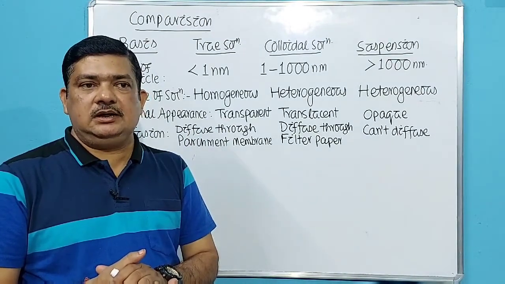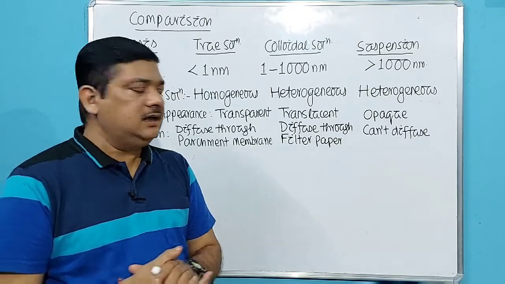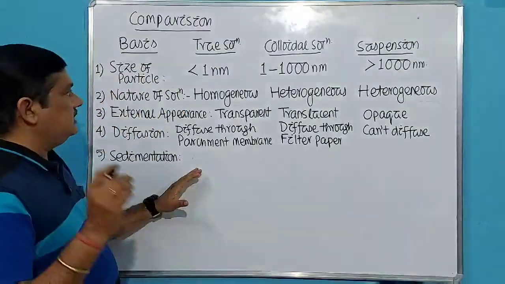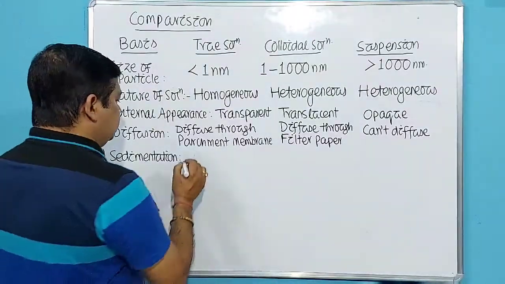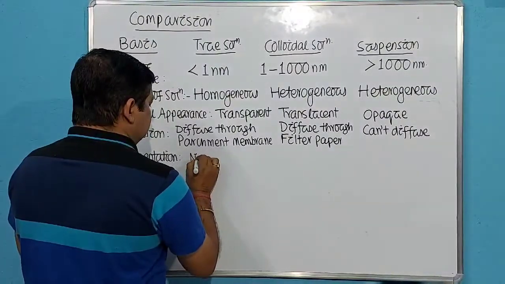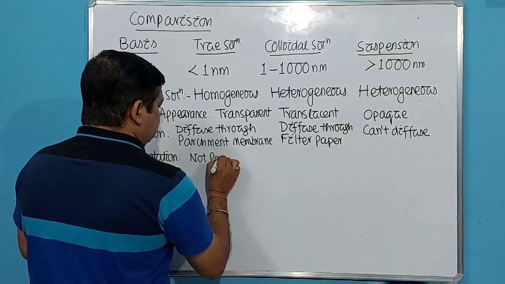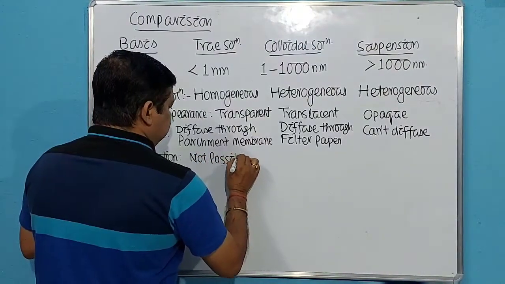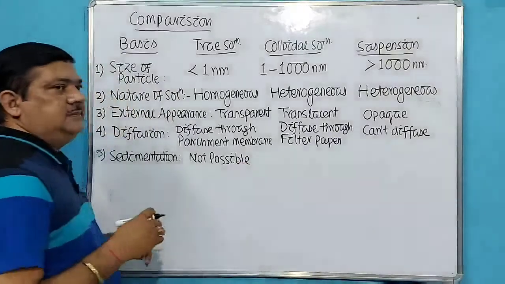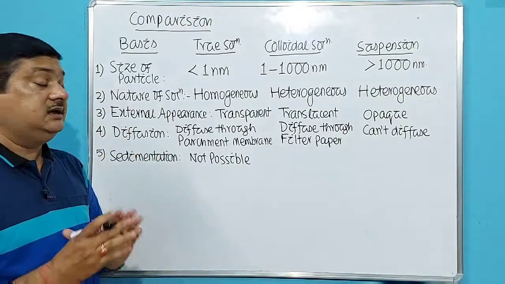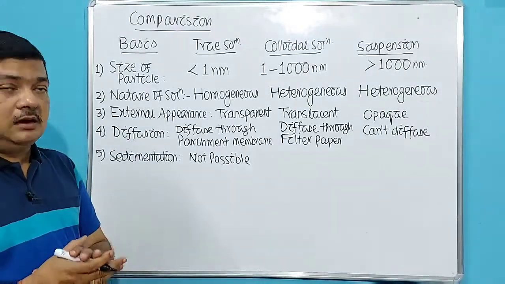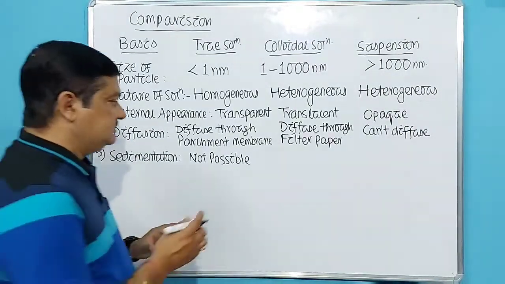So this process is called sedimentation. And I have already told you in the case of true solution, sedimentation is not possible because of the homogeneous form of the solution. It cannot be sedimented. That means you cannot separate the solute and solvent. So sedimentation is not possible in the case of true solution.